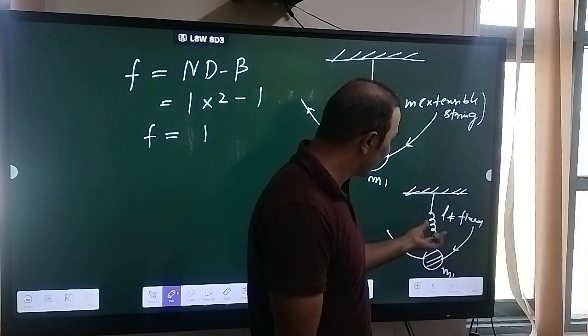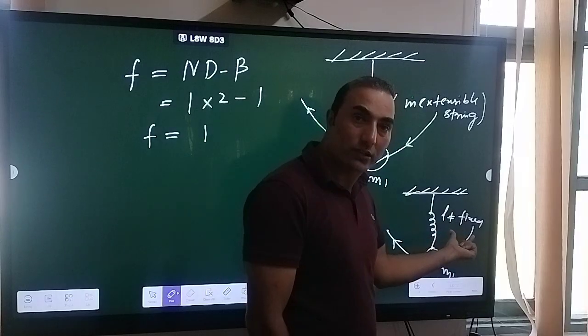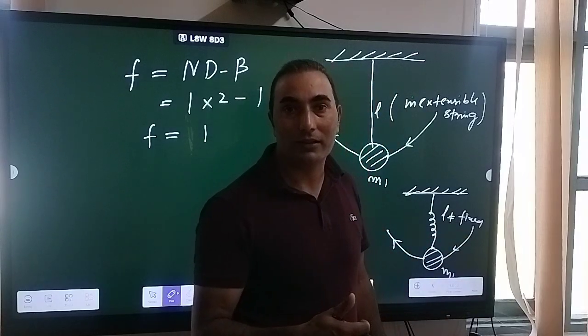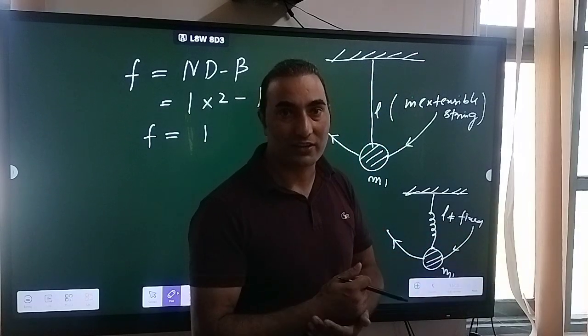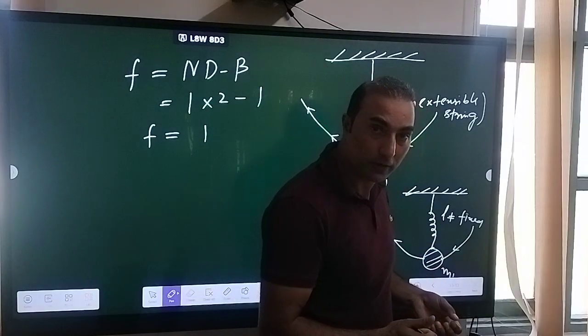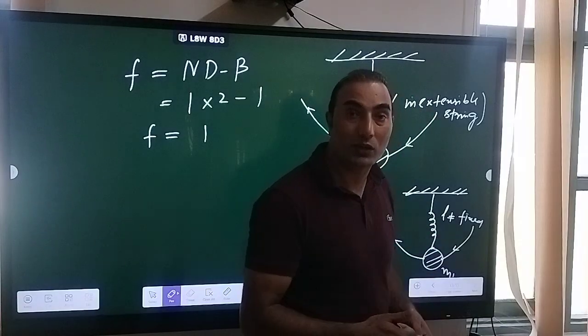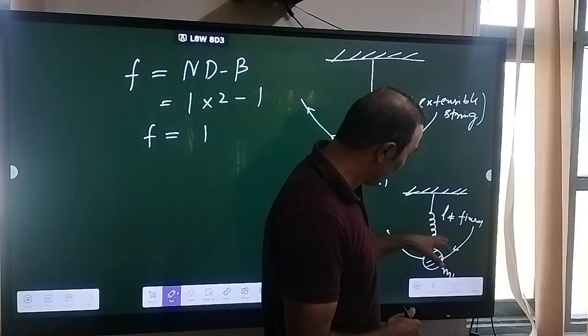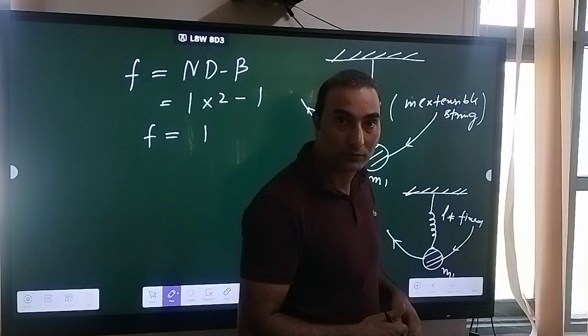But if it is written that L is not fixed, that means basically its length is changing. So the oscillations that are produced in the spring, you cannot neglect them. So that will affect the motion of the spring also. Okay.